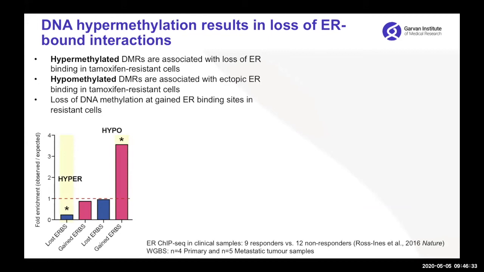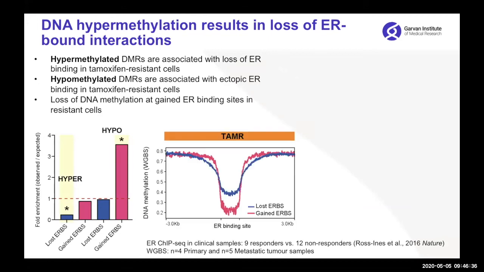When we plotted the DNA methylation data genome-wide at the ER binding sites, we saw a big shift in methylation at these sites. So less methylation at new gained ER binding sites in tamoxifen resistant cells.